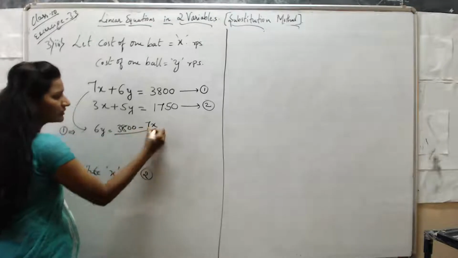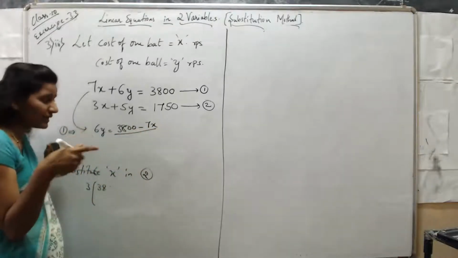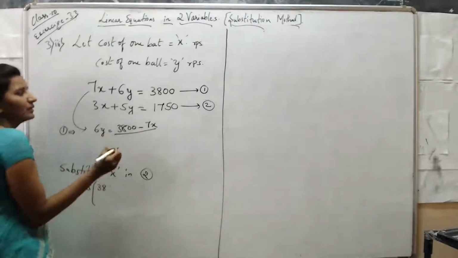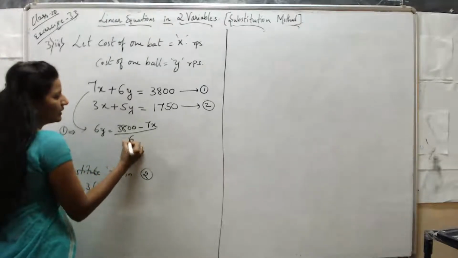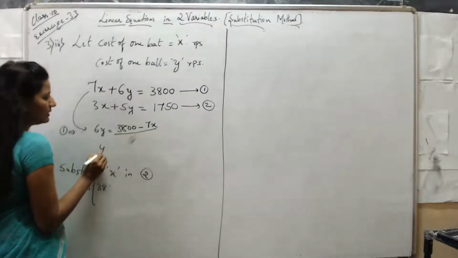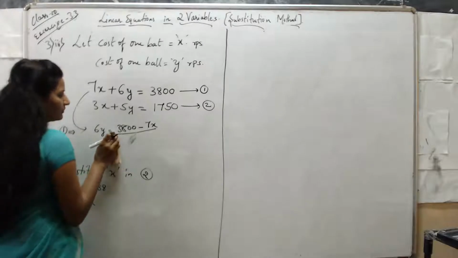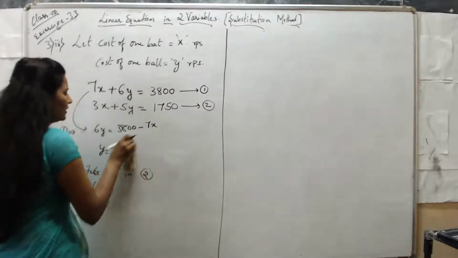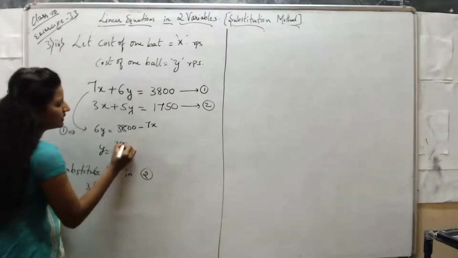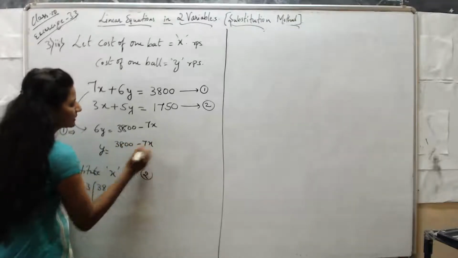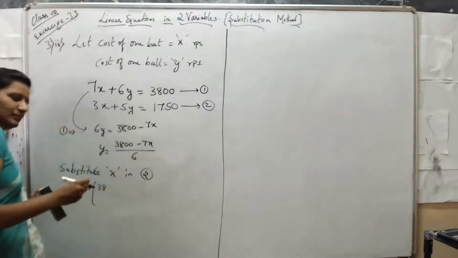Either you can take x or y, but the simplification is lengthy. That's why I am taking 6y. Divided by 6, so y is equal to (3,800 minus 7x) divided by 6.